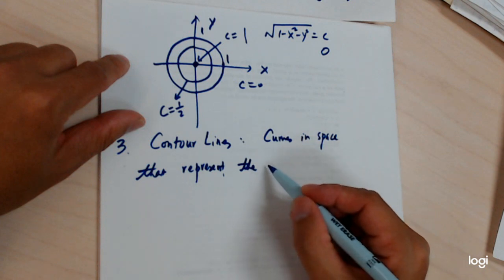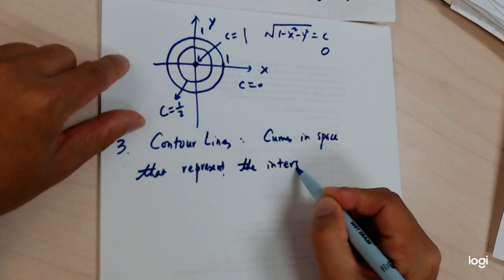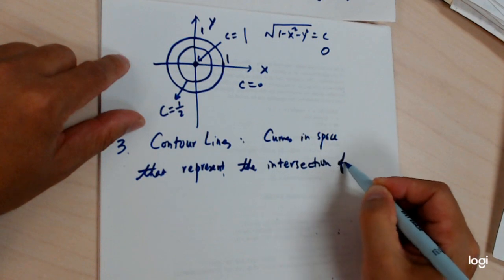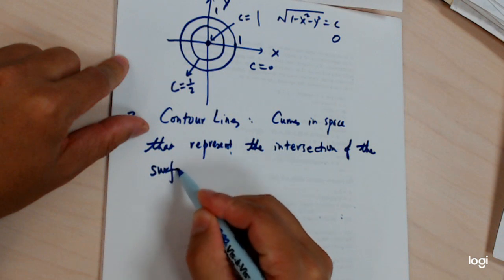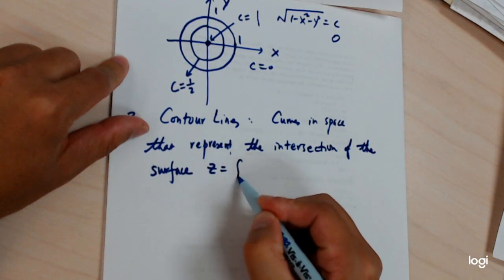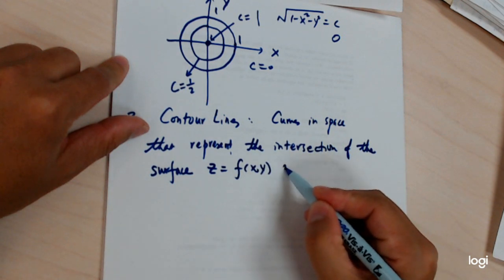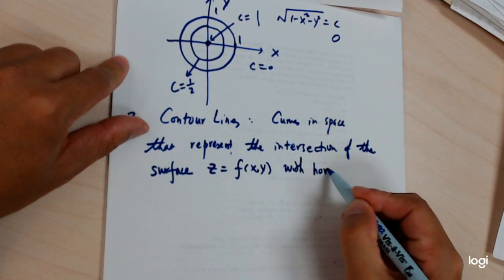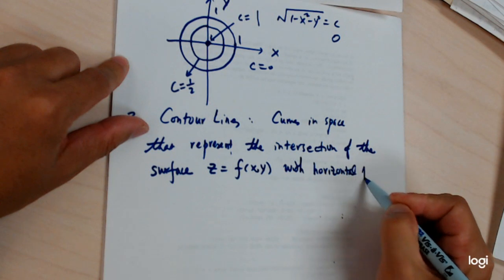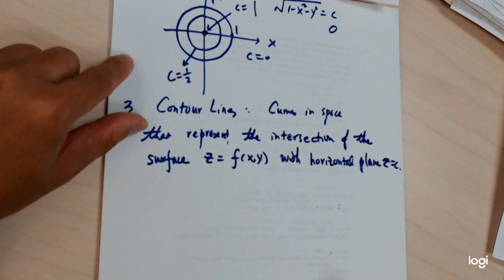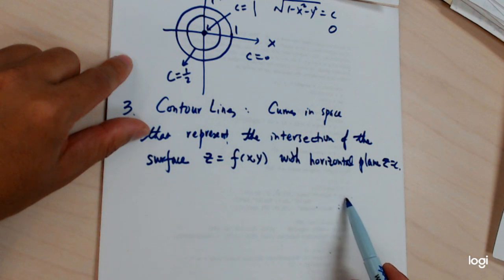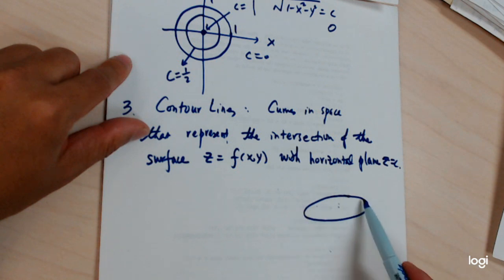In this example, first you have a horizontal plane at the xy plane, so the intersection will be a big circle.